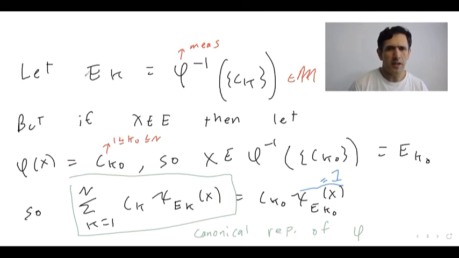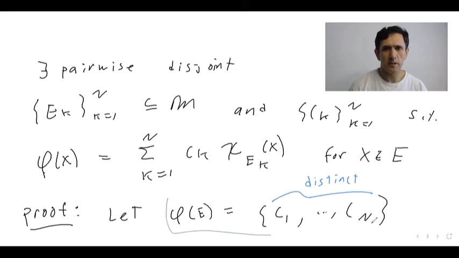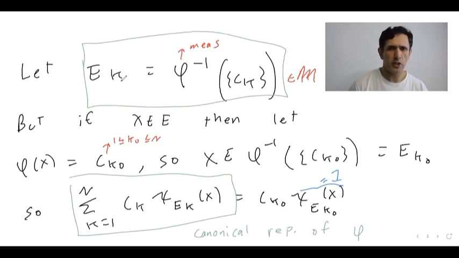I mean E_k being the inverse image of each of the distinct values that phi takes on. So the canonical representation is just to write out the distinct values that phi takes on, take the inverse image, and then write the function like this.